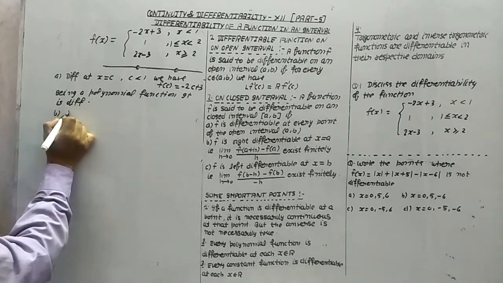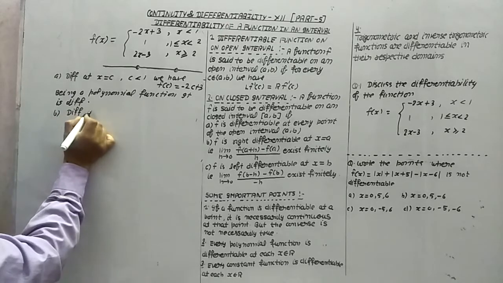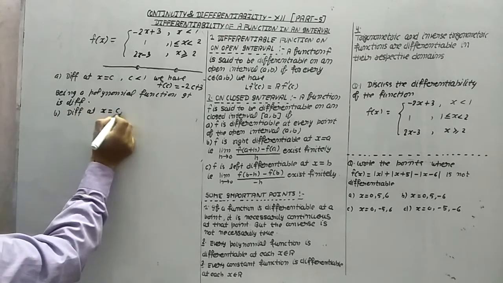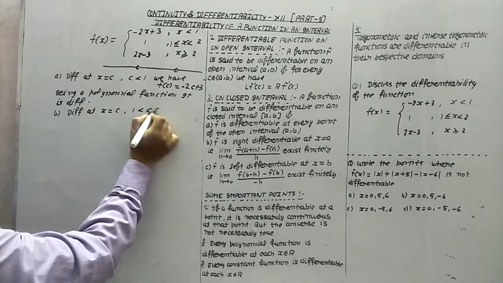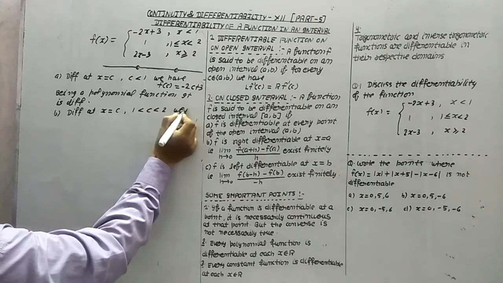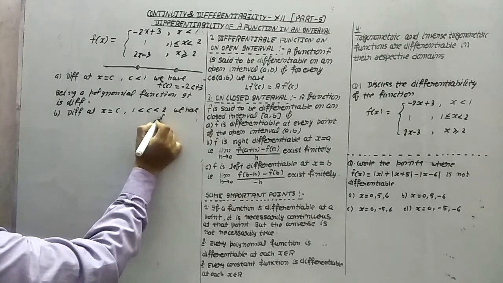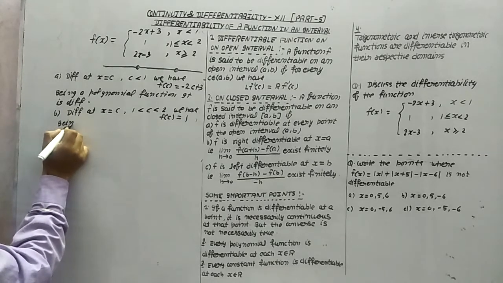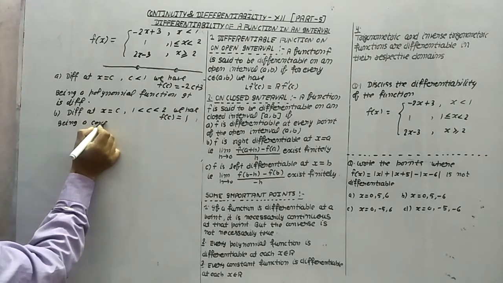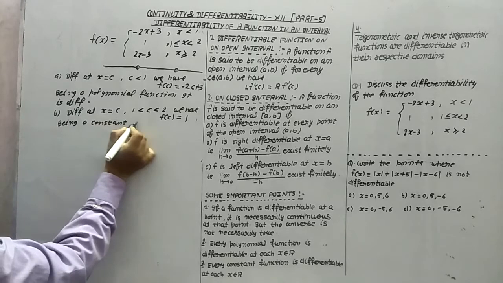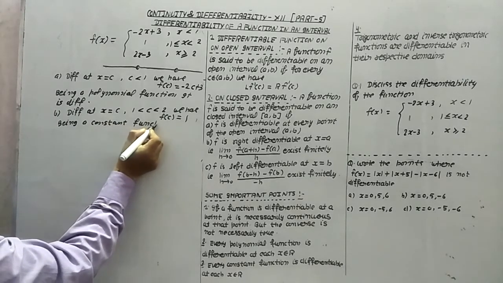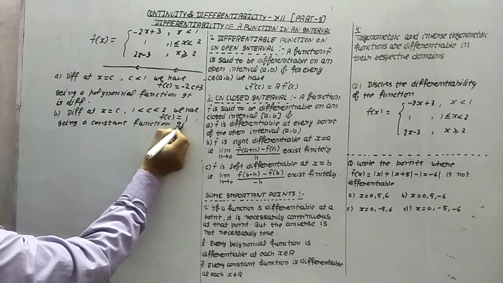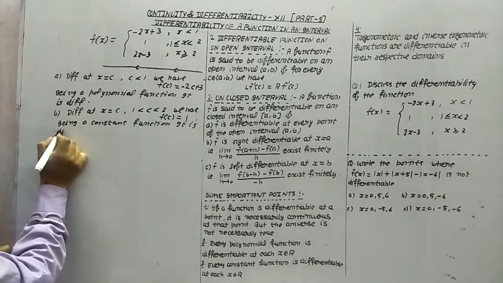Now B part, differentiability at x equals c where c is greater than 1 and less than 2, we have f(c) equals 1. Being a constant function, it is differentiable.